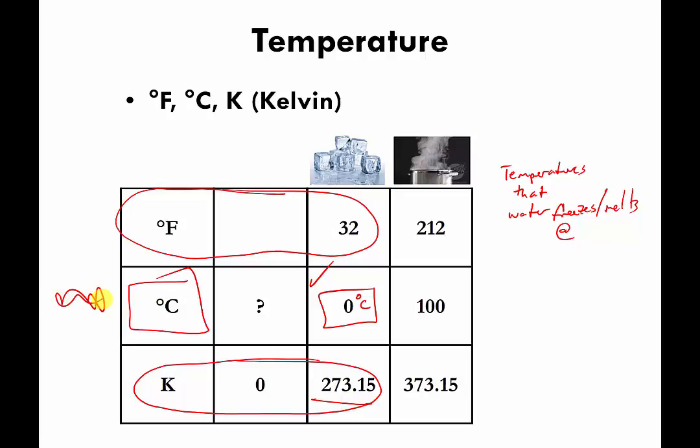Same thing for vaporizing water, in other words, turning it to steam or condensing it from steam back into liquid water. That happens at 100 degrees Celsius. So again, for most materials that I can think of, the temperature that they vaporize or boil away at is the same as the temperature that they condense at.